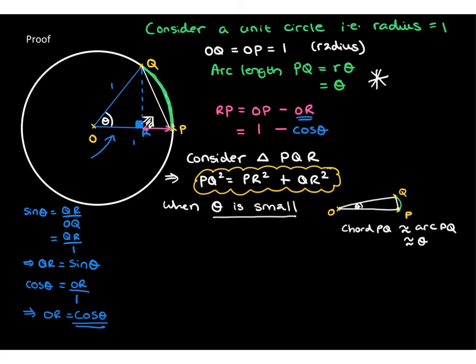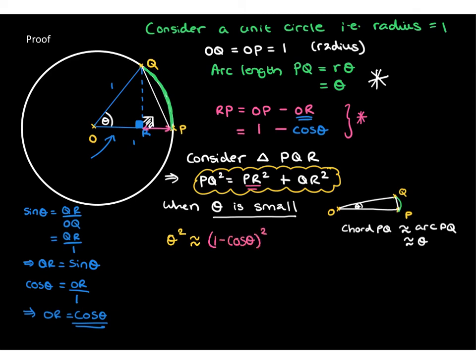So we can say that theta squared is approximately equal to PR squared. Now, where do we know about PR? Well, we worked it out over here because it's the same as RP. So instead of PR squared over here, I can write 1 minus cos theta all squared.